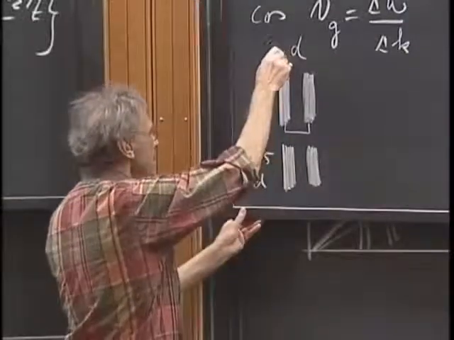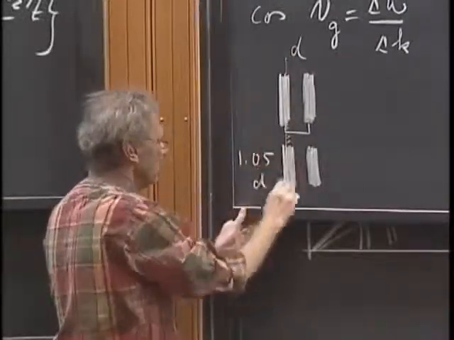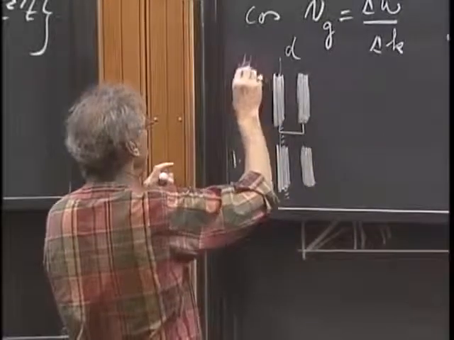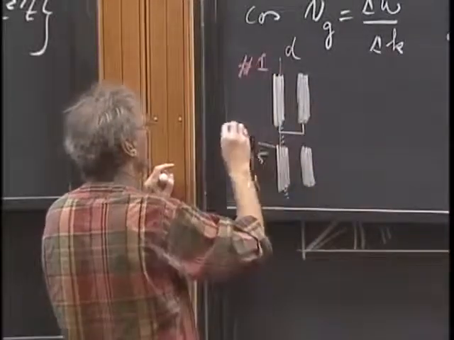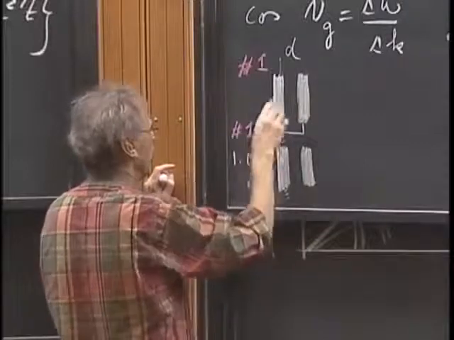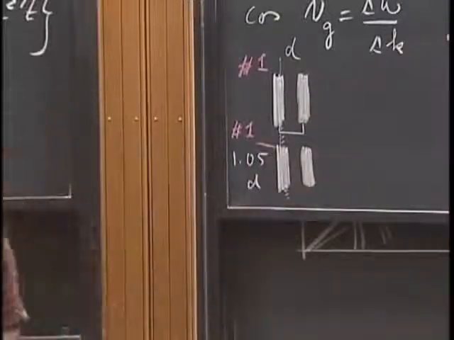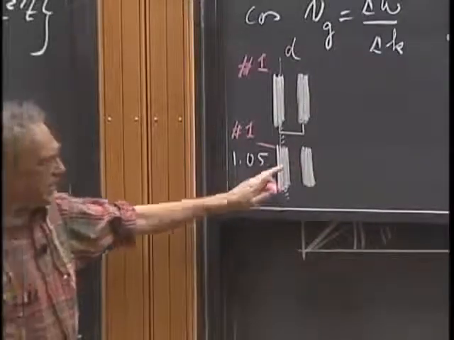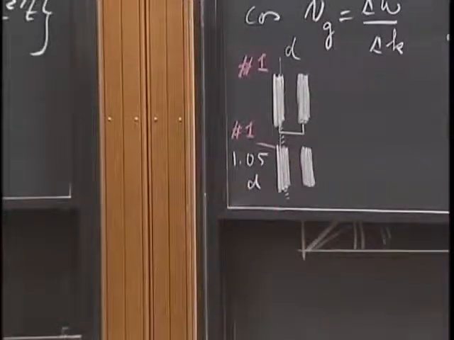And I line these up. So this is the very first one on my sheet. This is number 1, and this is number 1. So they line up. This one, the opening, the separation is 5% larger.